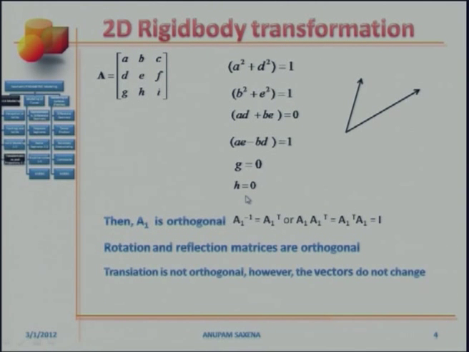We do not have any information on I, and also we do not have any information on C and F. But that's not true if we look at translation matrices. C would be an element that would represent translation along the x coordinate, and F would be an element that would represent translation along the y coordinate in the xy plane.